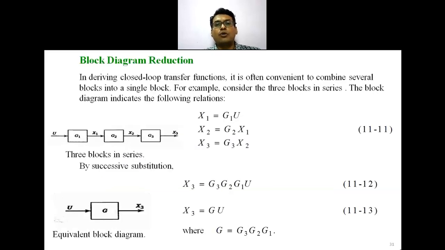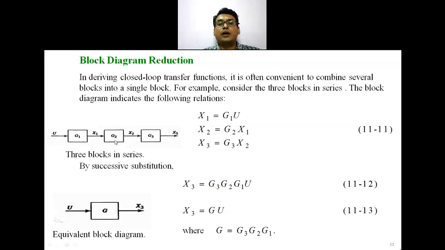Now I am going to discuss the block diagram reduction. So this is a simple process, that is u and you get the x3, whatever nomenclature you want to give, you can change it. Now G1, u is input for G1, that is your process, and output from the process is x1.